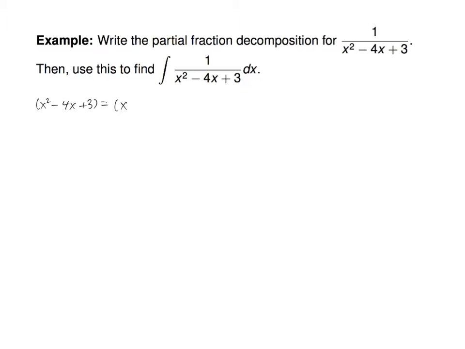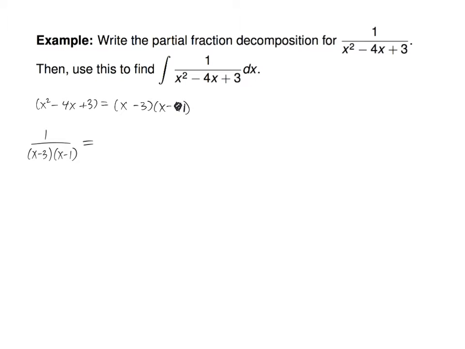It factors into x minus 3 times x minus 1. So you have 1 over x minus 3 times x minus 1.